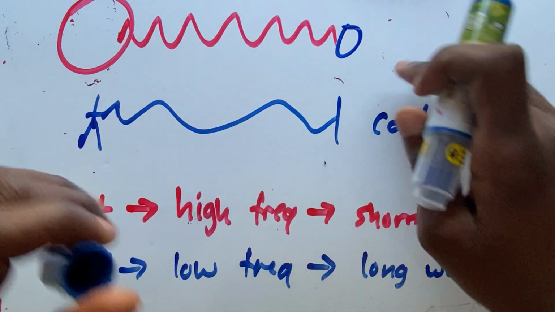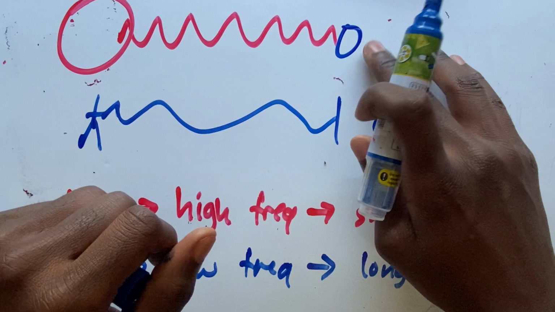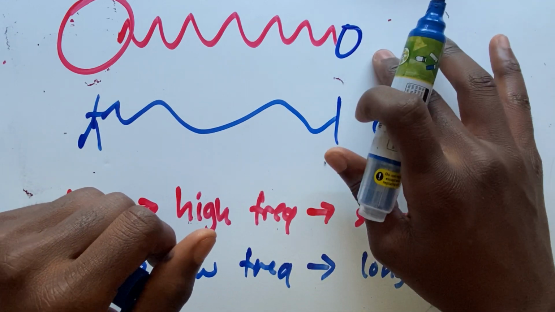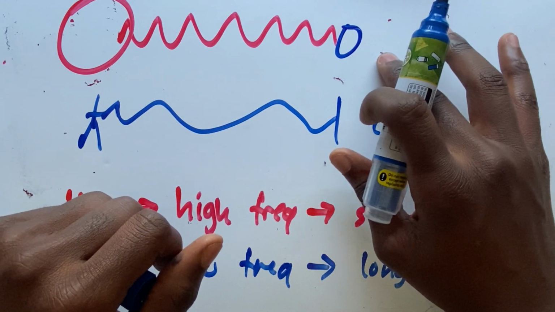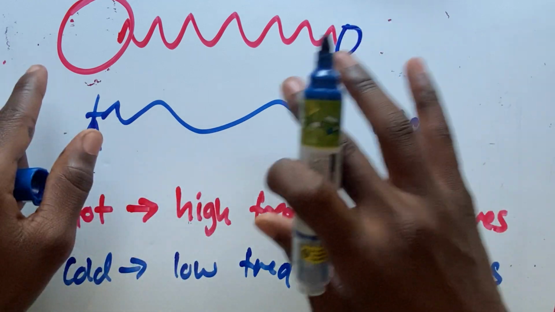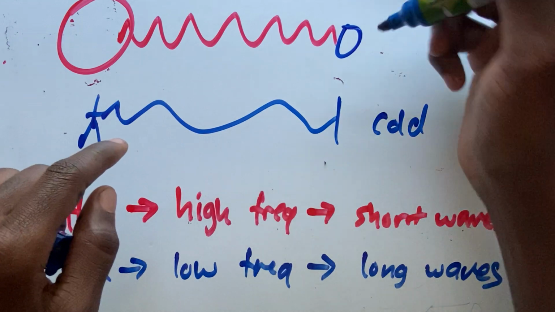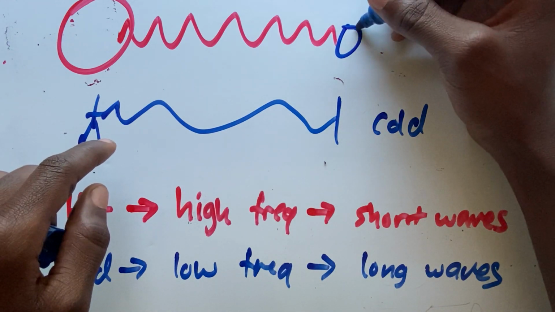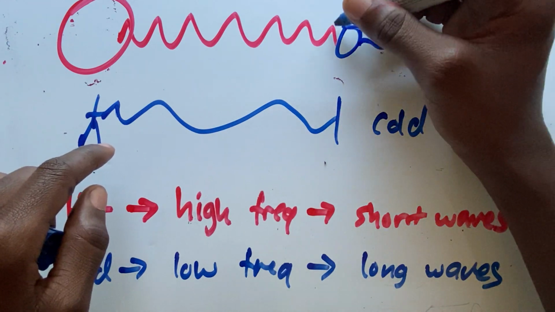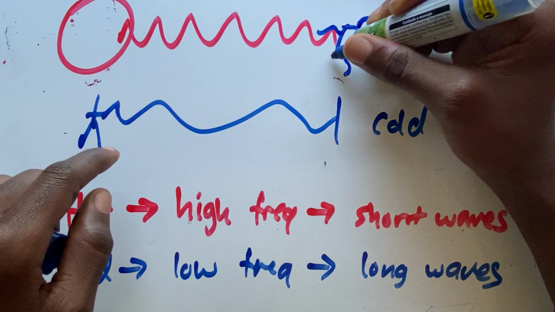But the earth also has some temperature associated with it, right? But the temperature of the earth is nowhere near the temperature of the sun. So the earth actually radiates waves that are a bit longer, that look kind of like that.